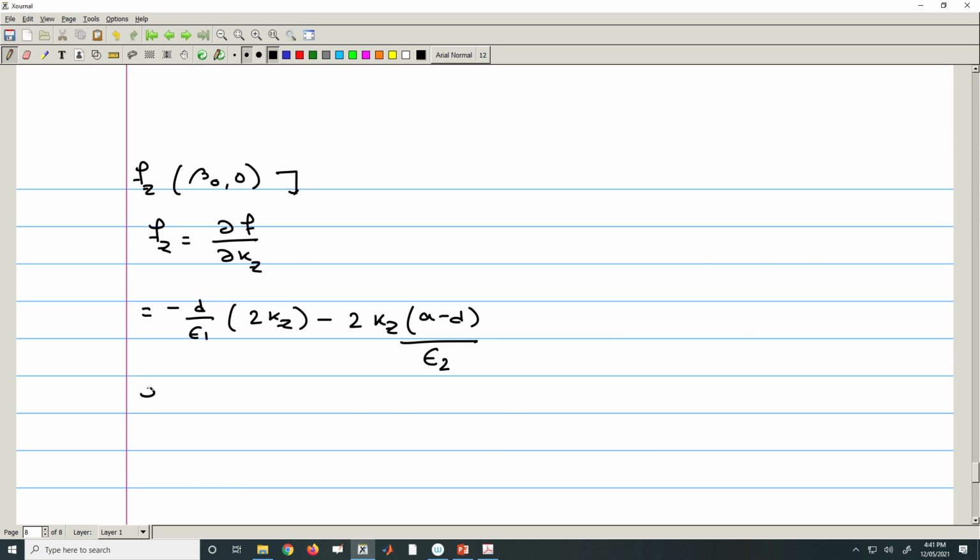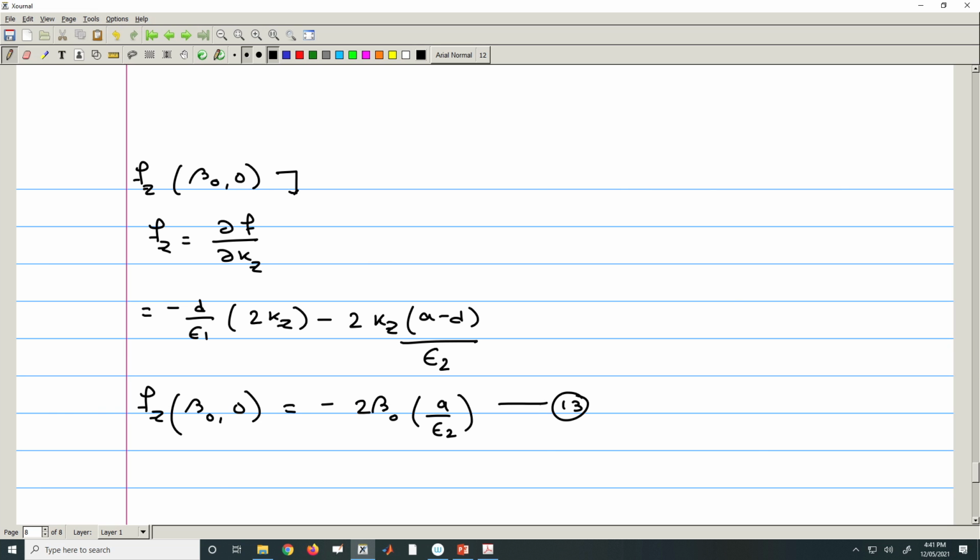Therefore, f_z(beta naught, 0), substituting, we get minus 2, because d is 0 the first one will be 0. We are left with minus 2 beta naught a upon epsilon 2. Let us give this as equation 13.